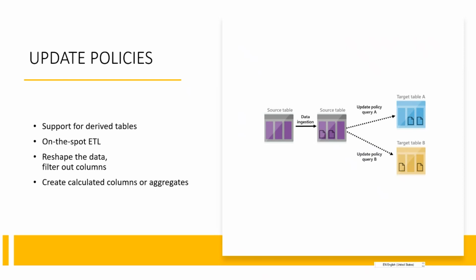So whenever new records are ingested into table A, the source table, automatically all the update policies in the derived tables that point to source table A will fire, run their query, their logic, their functions, and ingest the results into the destination table.